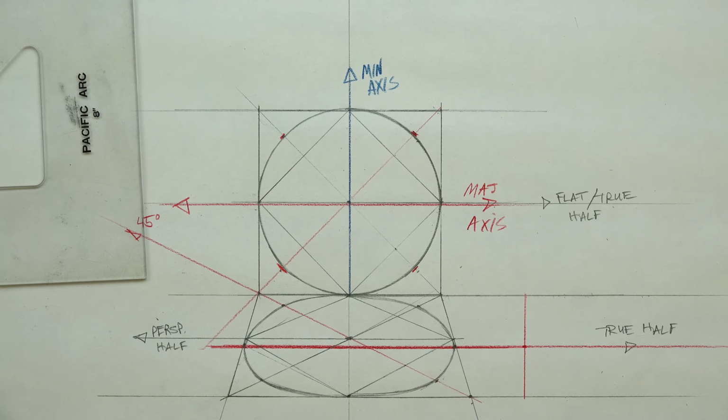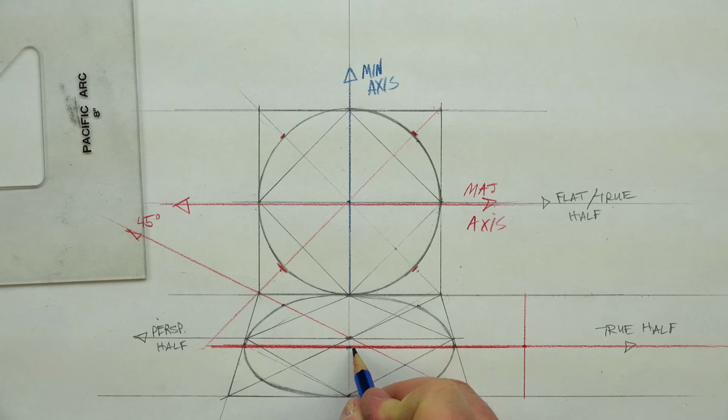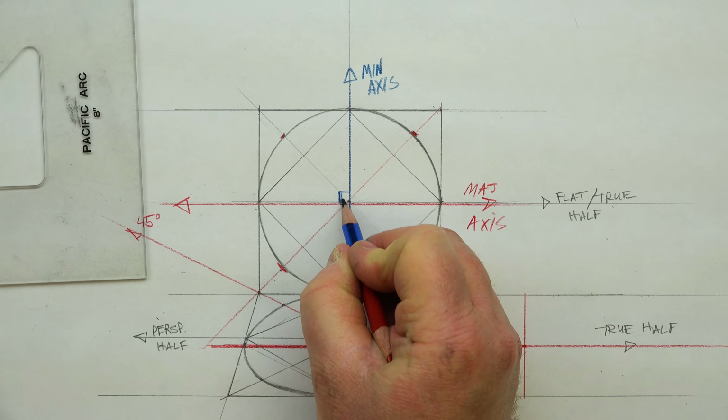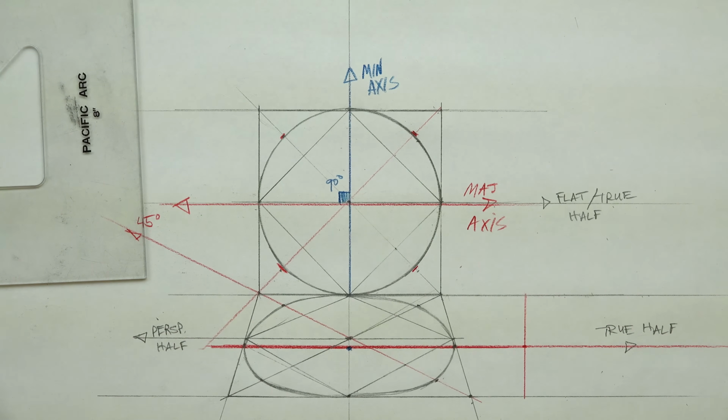Okay, and I think that's important since this is pretty flat. And the same thing here coming out of it. So right in through, not the perspective half, but our true half is where our minor axis comes out of. These are at 90 degrees, always 90 degrees. So major and minor are at 90 degrees.